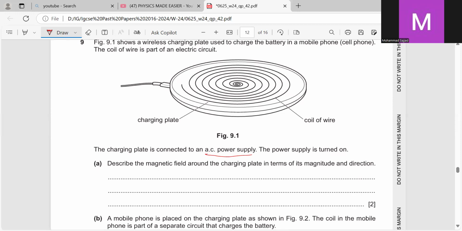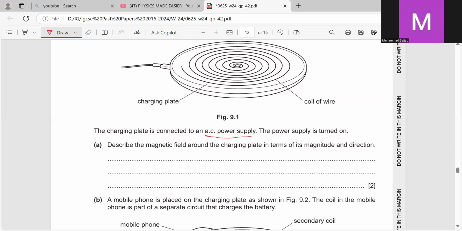Describe the magnetic field around the charging plate in terms of magnitude and direction. Now this is a very simple question, on the basic properties of current causing a magnetic field. The current passing through the coil is alternating. When current passes through a conductor it creates a magnetic field. The magnitude of the magnetic field produced depends upon the magnitude of current.